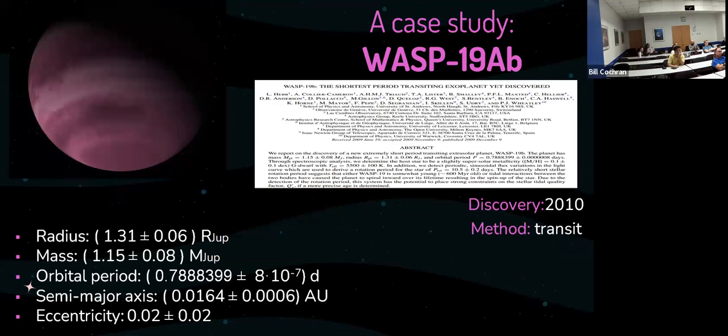We applied our theory to a first case study, which is WASP-19AB. I'm going to say A, because there is probably another star in the system. And this is actually what is really interesting for us, because if there is no other perturber in the system, such as a star or a long-term companion, we may expect the eccentricity of this orbit to go to 0, as I was showing you before.